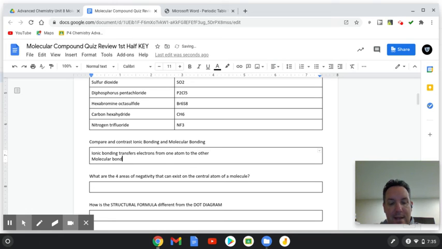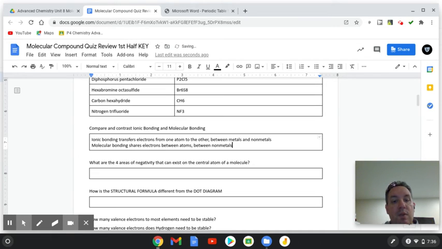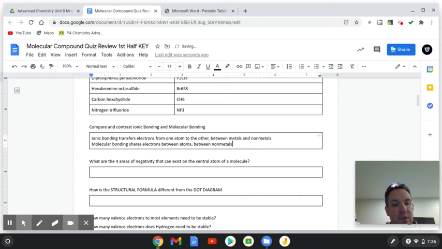Molecular bonding shares electrons between atoms. Ionic bonding is between metals and non-metals. Molecular bonding is between non-metals. So that's what you should be able to answer about comparing and contrasting those two.